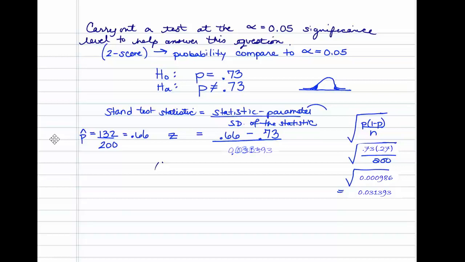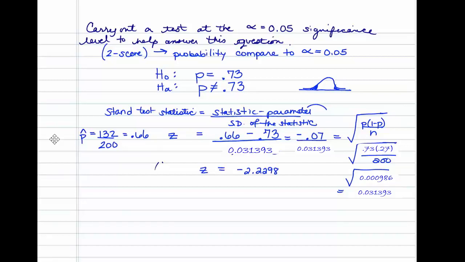And when we go and do our calculations, assuming that this is true, that's kind of how we're testing it. When we subtract the top, I'm getting negative 0.07. On the bottom, I'm getting that standard deviation. Then when I calculate this, it's like negative 2.2298, something like that, for a z-score.